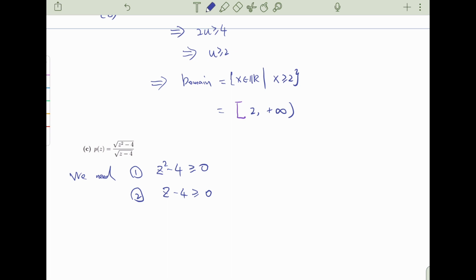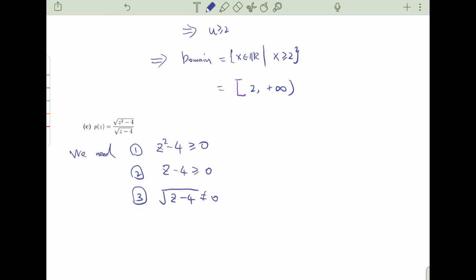And the last thing, we need the denominator to be non-zero. So the denominator here is z minus 4. That can't be 0. So there are 3 conditions here to be satisfied at the same time. We have to guarantee all of these conditions are satisfied. Otherwise, we will not get a valid output. And those numbers that make all these conditions satisfied at the same time will be the numbers inside the domain.